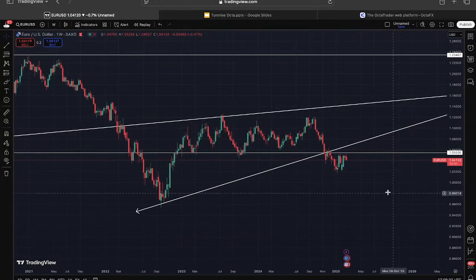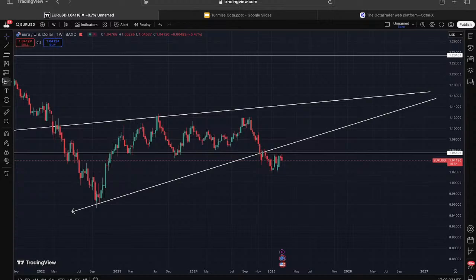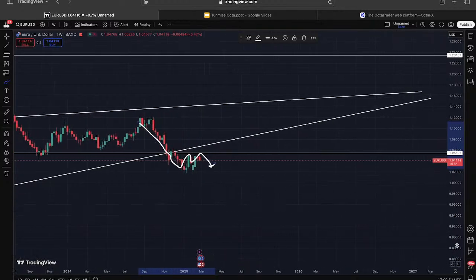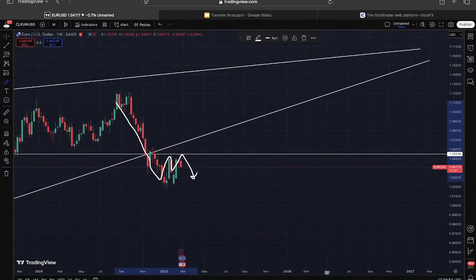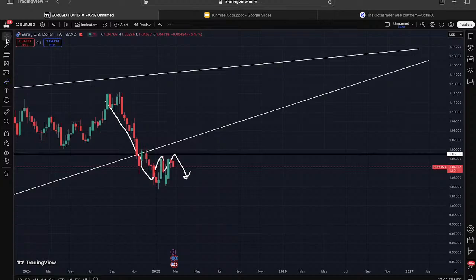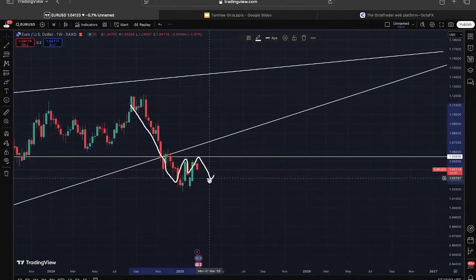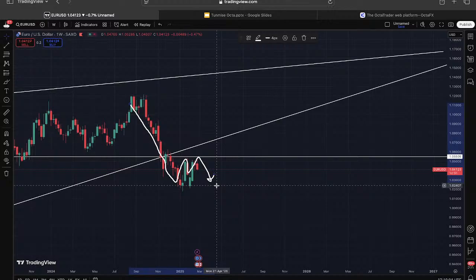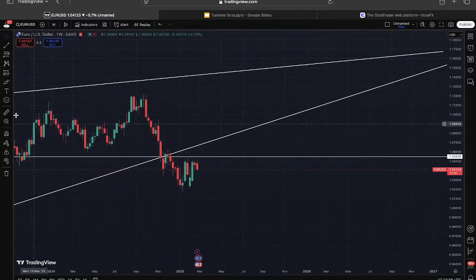Now obviously we can see on the weekly time frame how price moved from here. Now price is currently here and already pushing back down. Let's zoom in on this.